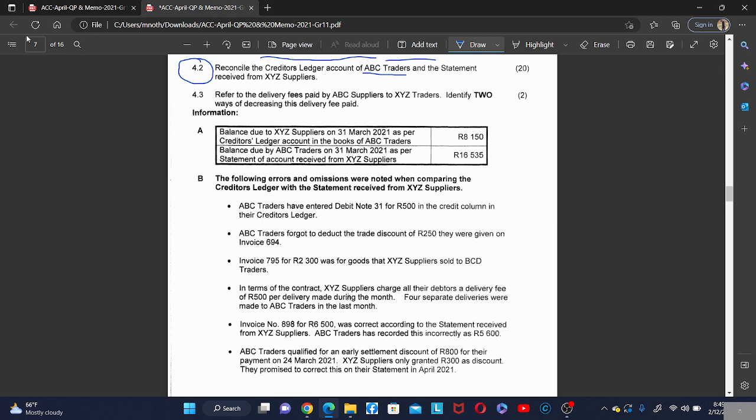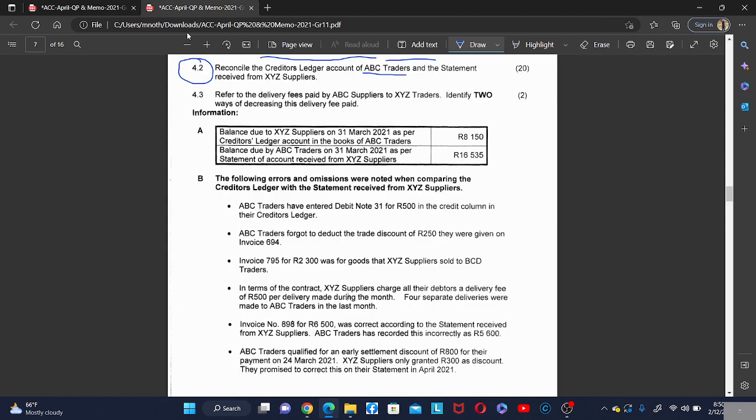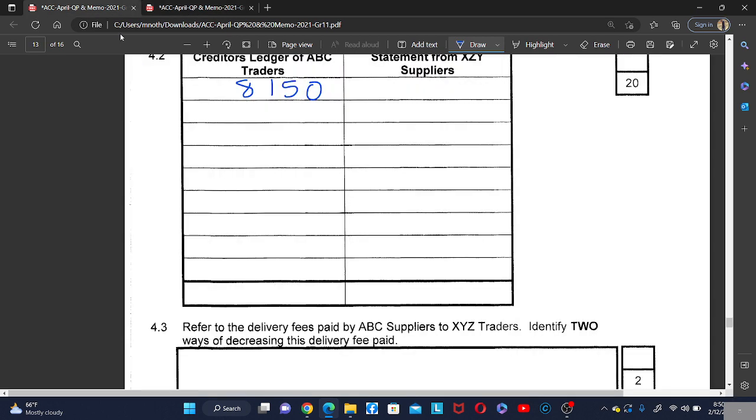So the creditor's ledger amount is 8,150. Remember, these two must be equal. So if they're not equal, it means that there was an error that was made. The statement balance is 16,535. Remember, these two must be the same.